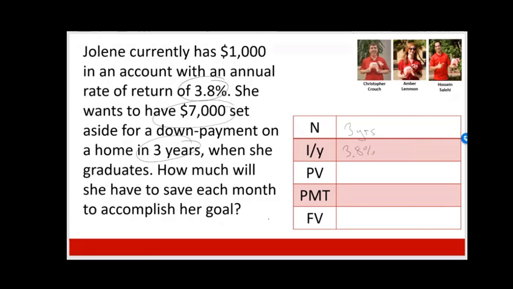Okay, so you said PV? Yes. Or, no, sorry, payment, PMT. Okay, so you want to put that in payment. Okay, what's next? The present value would be 1,000. Okay, and is that positive or negative? Type that in the calculator and look for PV, I'm thinking.